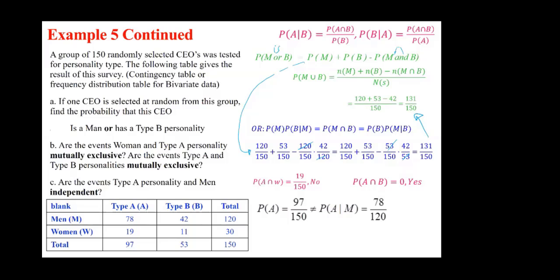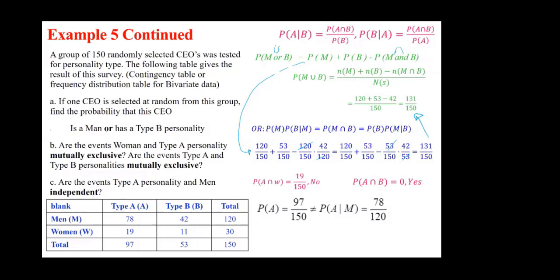Probability of A given M, remember now M, the total size for M becomes a new sample space, 120. How many of them are A personality? 78. Because these two numbers are not identical, you don't even have to simplify the right side to realize they are not. If you don't realize them, you can do the cross.